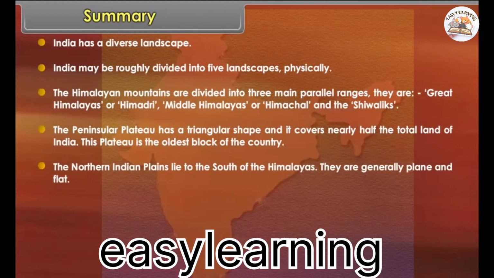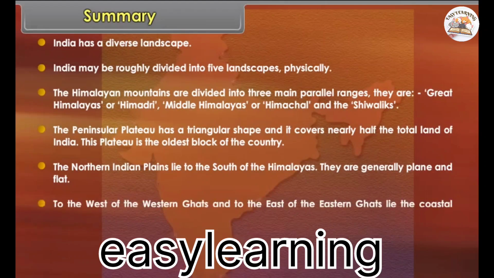They are Great Himalayas or Himadri, Middle Himalayas or Himachal, and the Shivaliks. The Peninsula Plateau has a triangular shape and it covers nearly half the total land of India. This plateau is the oldest block of the country.